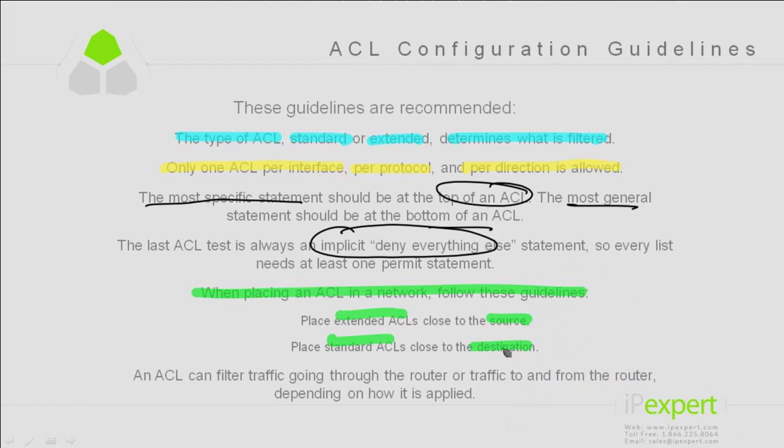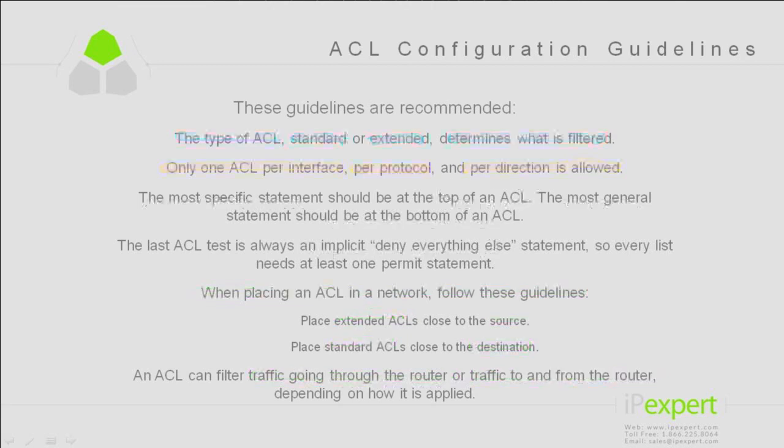And an ACL can be used to filter traffic going through the router or traffic to and from the router. Bearing in mind, using these access lists, we see a great number of benefits that come out of employing an access list. An access list allows us to set up many scenarios, and it gives us the capability of deploying filtration.